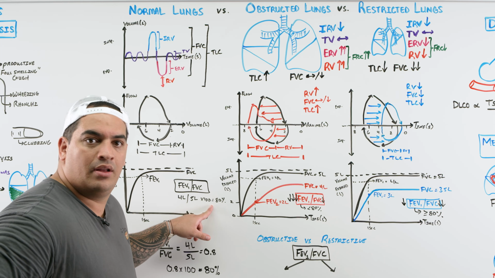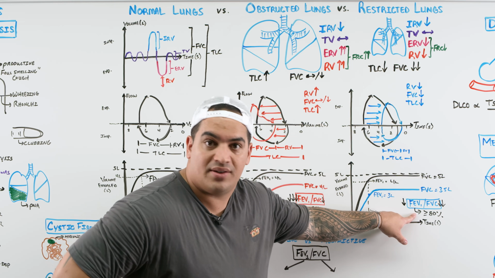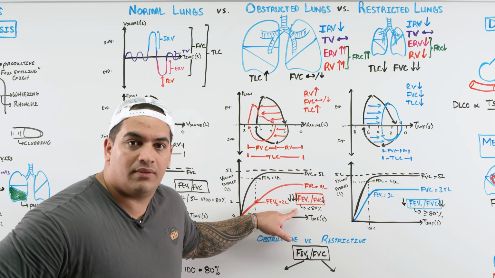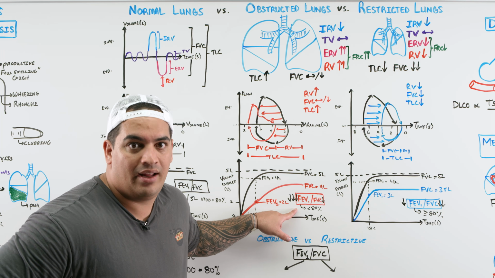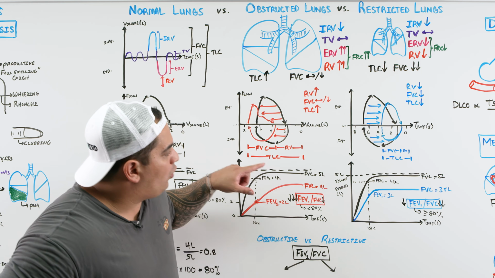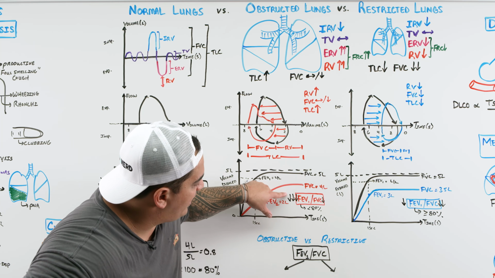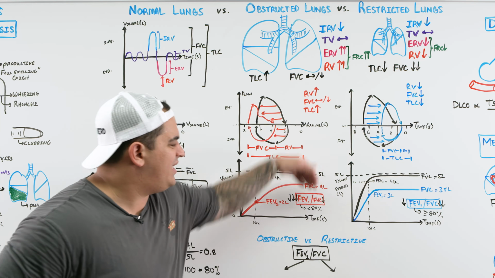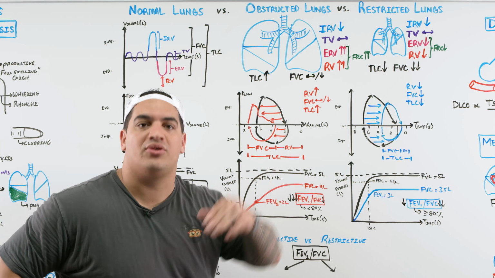About 80%. And the patient who has a restrictive lung disease, theirs is greater than or equal to 80%. But for a patient who has obstructive lung disease, theirs is less than 80%. Very important to remember that. And the reason theirs is less than 80% is because their FEV1 at 1 second is significantly reduced and their FVC is only mildly reduced or almost normal.